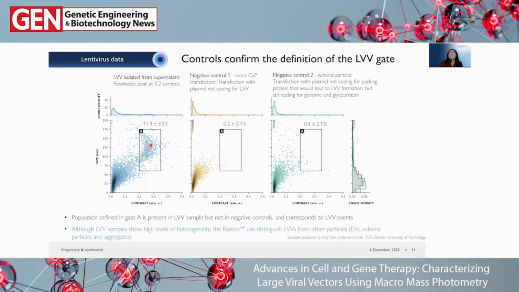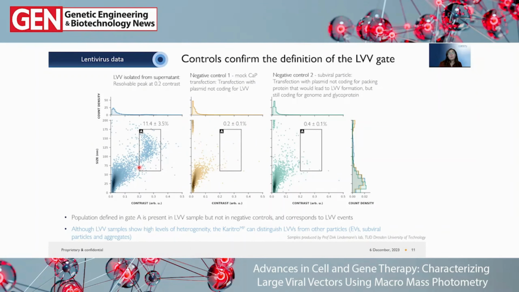So we had reasons to believe, after multiple experiments and research, that the lentivirus population is actually coming in this region, which is not the majority of the data points measured here. These correspond to about 11% of the number of counts. And the other data points that are present at low size and low mass are effectively extracellular vesicles, as well as the subviral particles and also large protein aggregates.